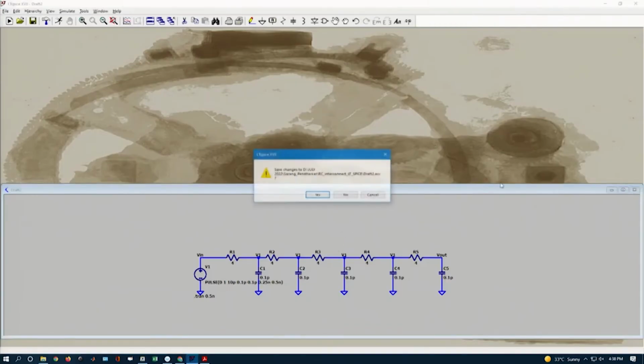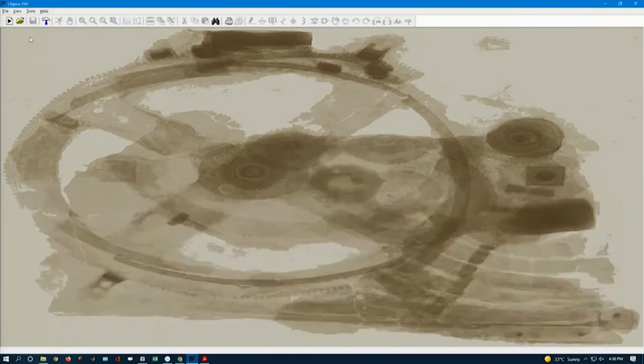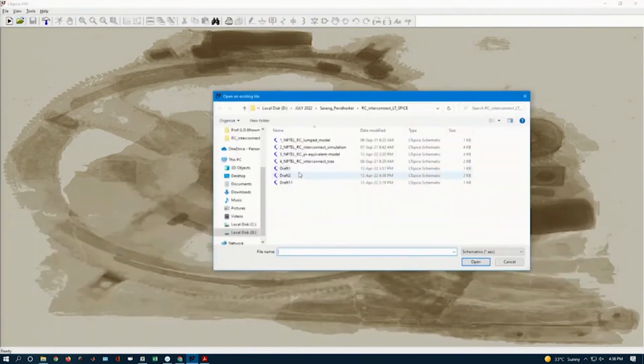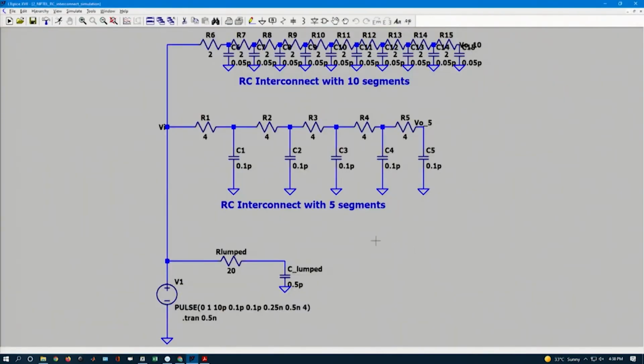So, let me close this one, and I have already created these interconnect segments. When you want to compare these things, you can either create different circuits in different files, or you can create all these circuits in the same file as well.